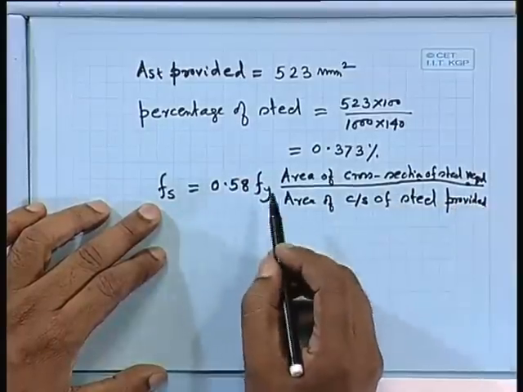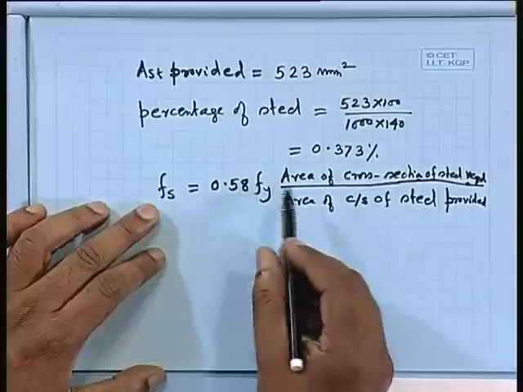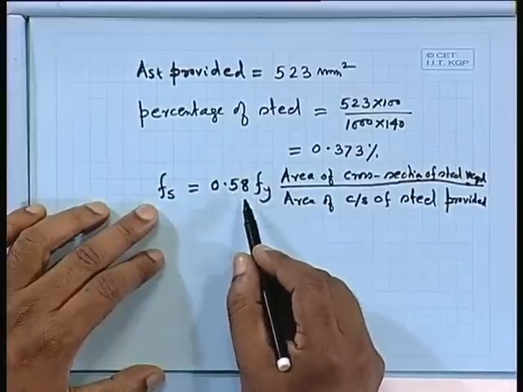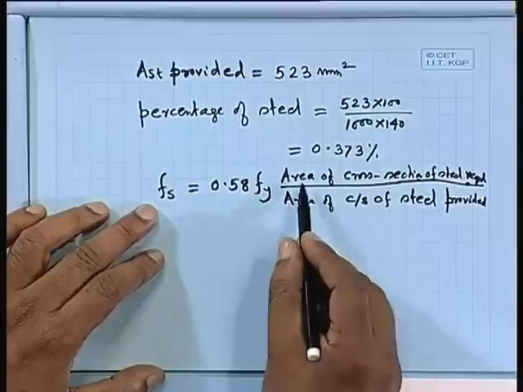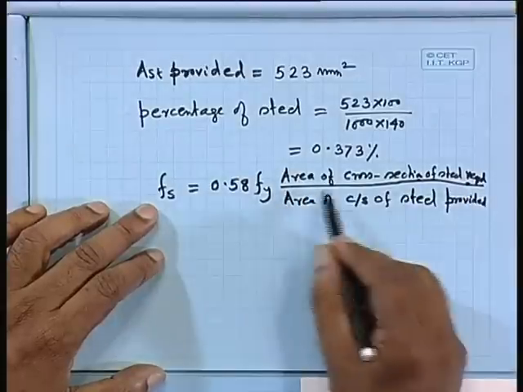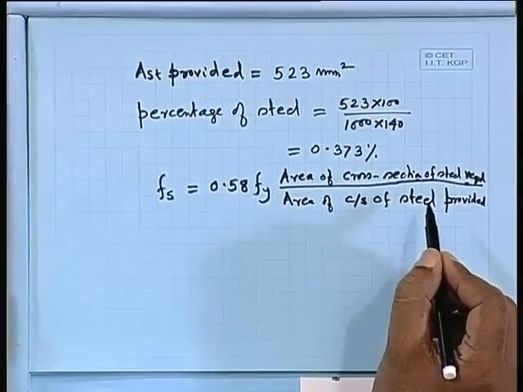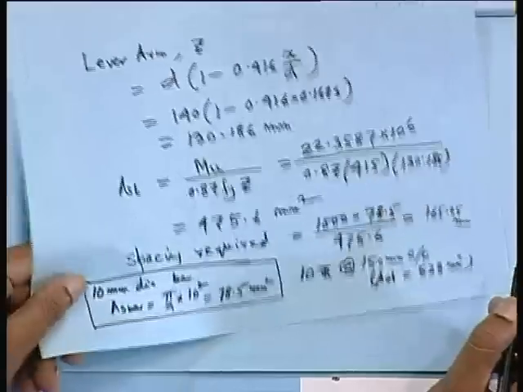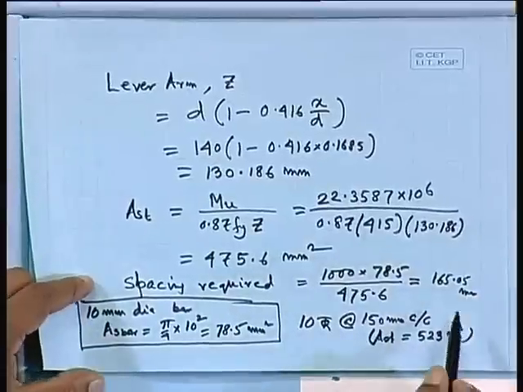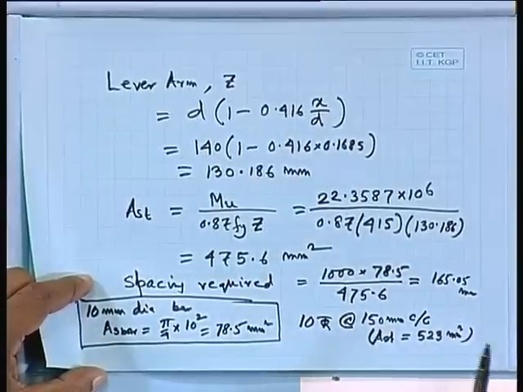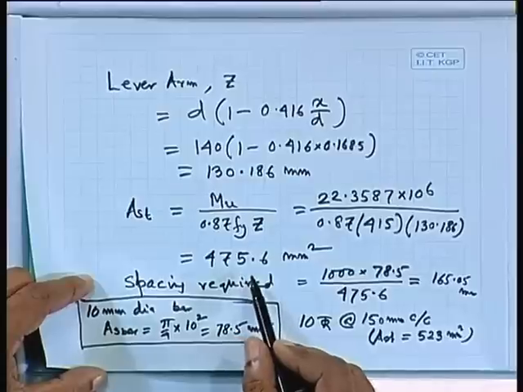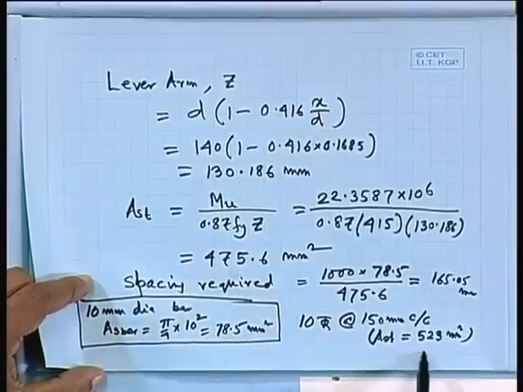So, we cannot calculate directly, not exactly 0.58 Fy. So, here we have to do a certain kind of modification. The area of cross section of steel required in our case is 475.6, and we are providing 523.